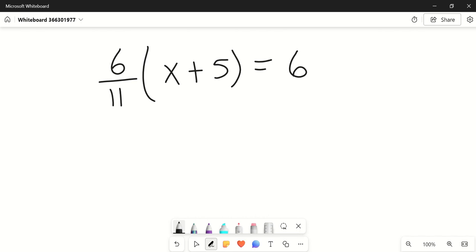What's my very first step? I need to distribute this 6/11 to each one.